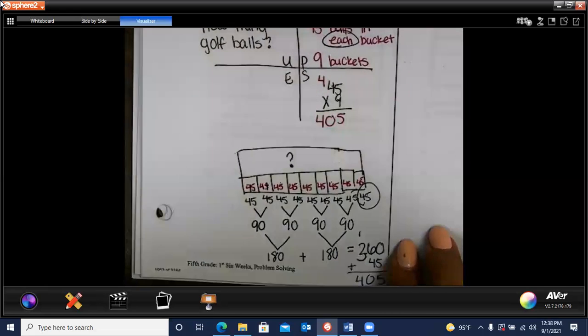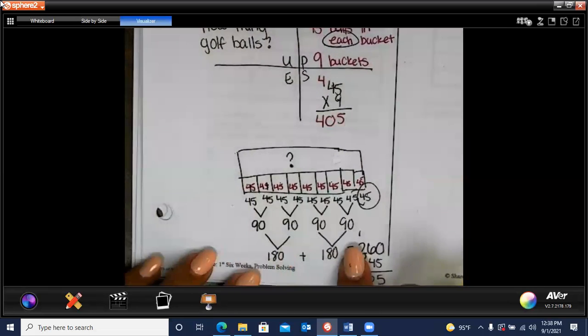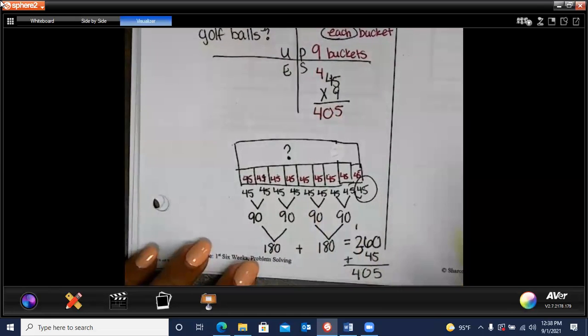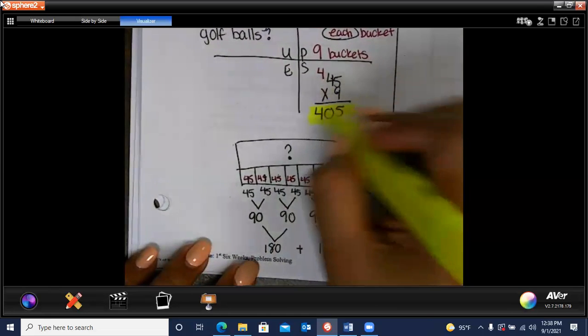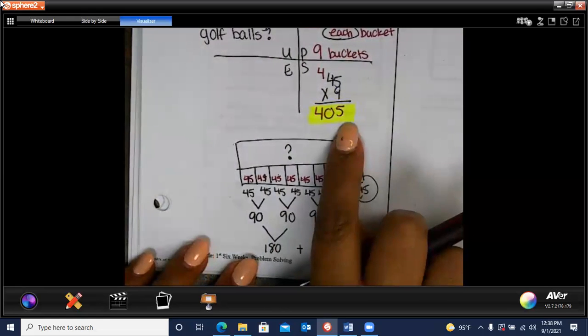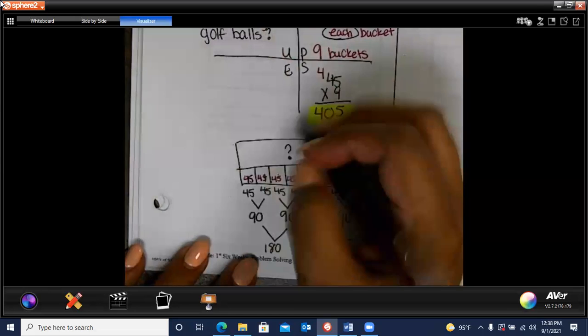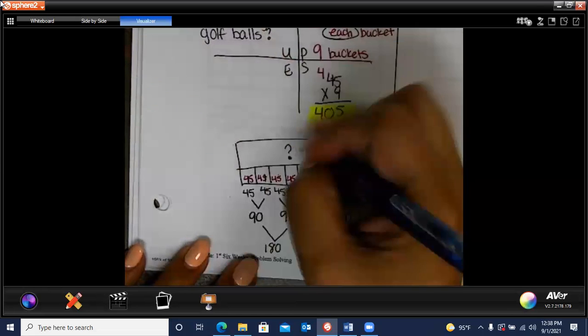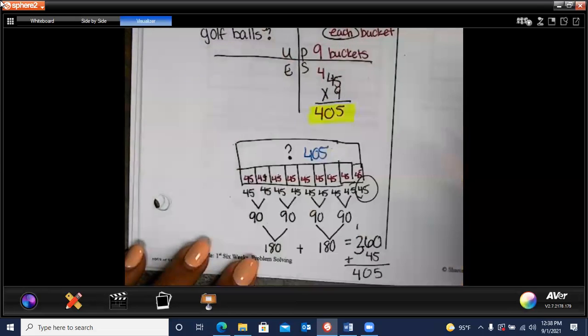Yes, you can. So you could have done it the long form where you went ahead and added it one at a time, or if you know your multiplication a little bit faster to do. Our total, they're asking us for the total. What is our total? 405. How do we explain this?